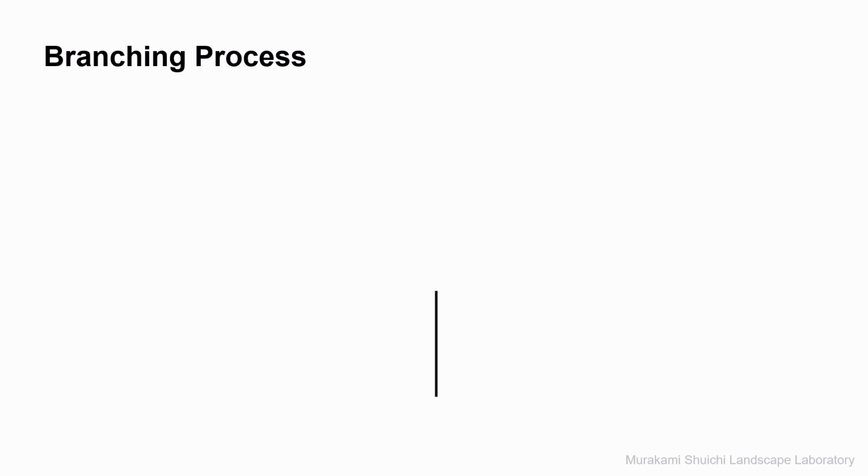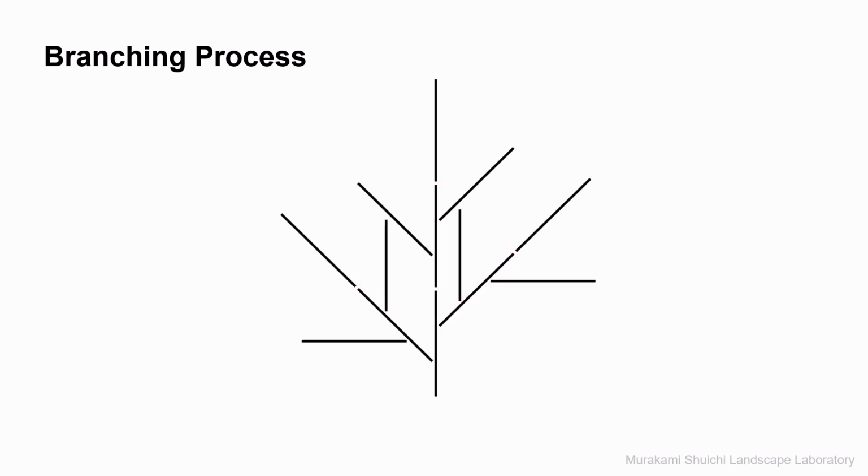Let's go through it once again from the beginning. Buds form a branch. Branches grow from the buds. Buds form on those branches, and new branches grow from the buds. If you like, try repeating this process several more times. You will see how it results in an accumulation of many lines.